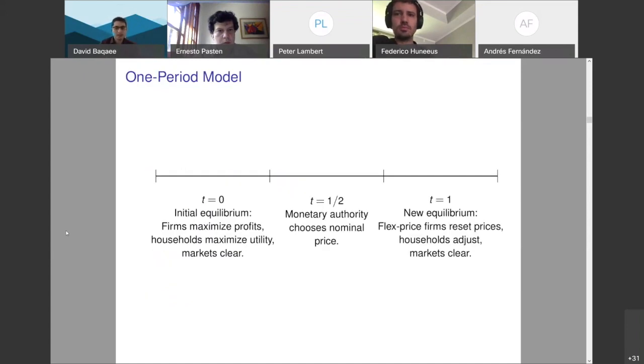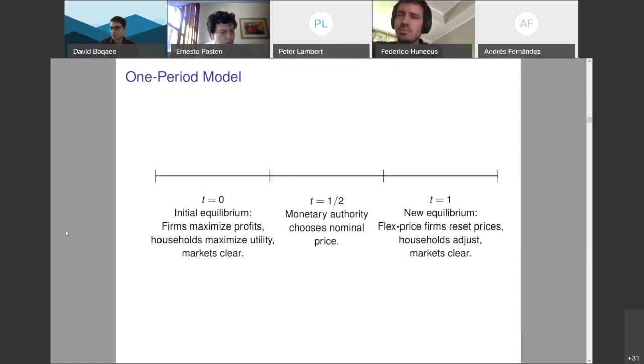Okay, excellent. So what's the setup? Here's what the simple static model looks like. You start at some initial equilibrium, let's call it T0, where firms are maximizing, households are maximizing, markets are clearing. Then between T0 and T1, there is a nominal shock. So the monetary authority changes some nominal price. In our case, we're going to focus on a change in the nominal wage, which is the marginal cost that the firms face.